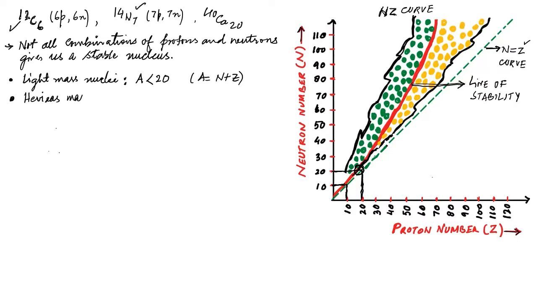for heavier mass nuclei, say when I have A greater than 20, the neutron number exceeds the proton number in nuclei.